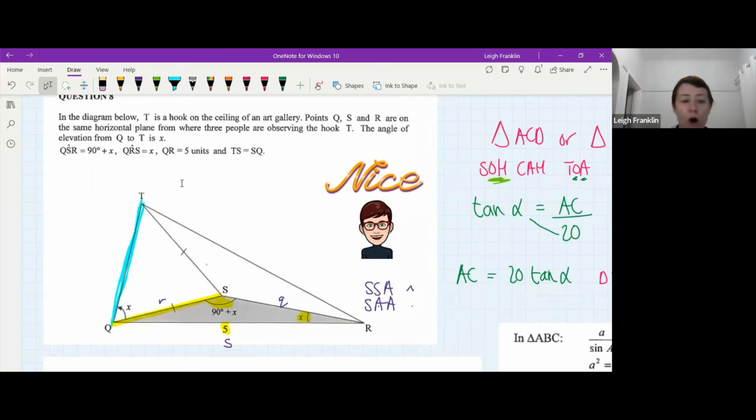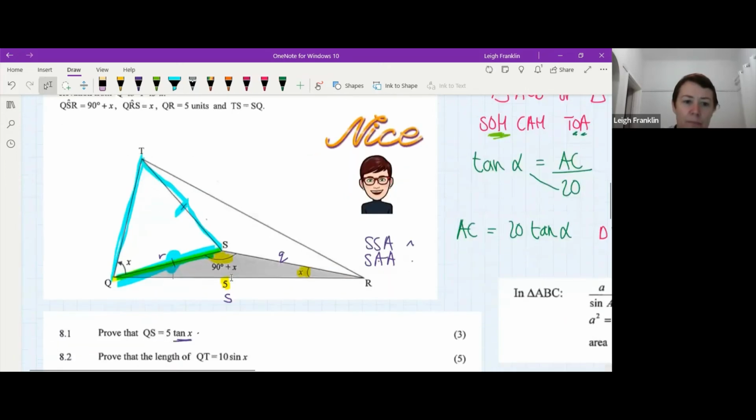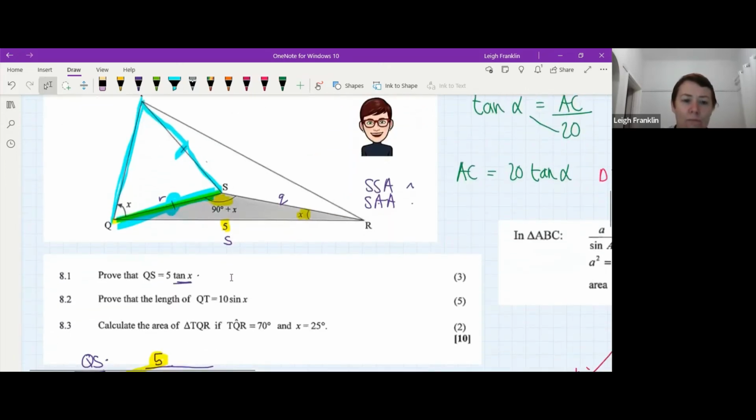So more than likely, we are going to be working in this triangle over here, especially seeing as we already know something about this side, and we can see that these two sides are equal. So whatever we know about QS, we know the same thing about TS. Does that make sense? All right, so that's the triangle that we are working in.